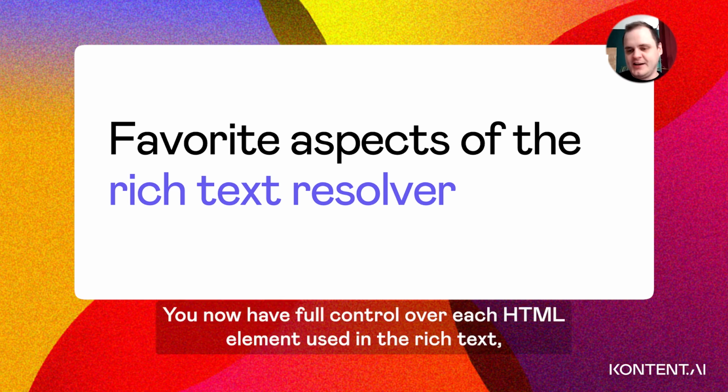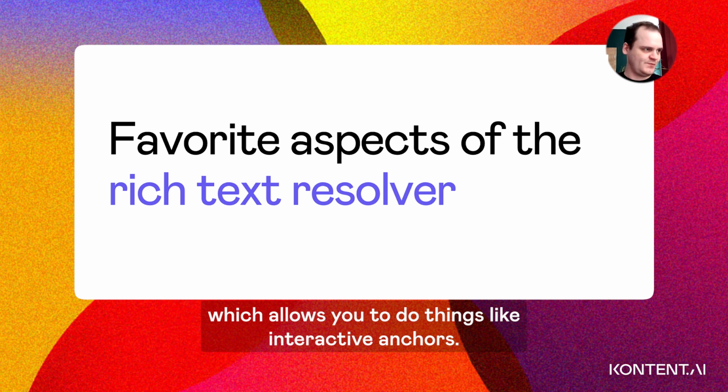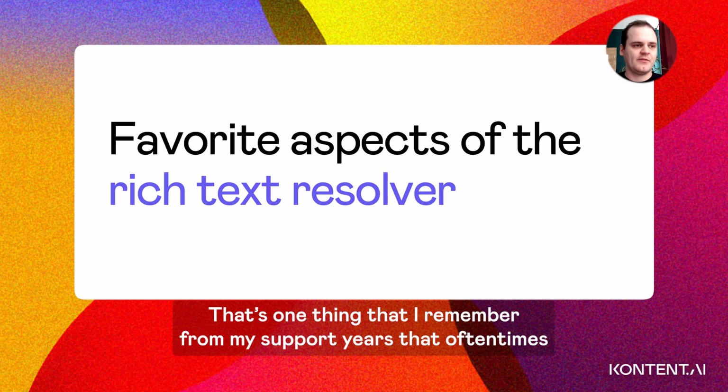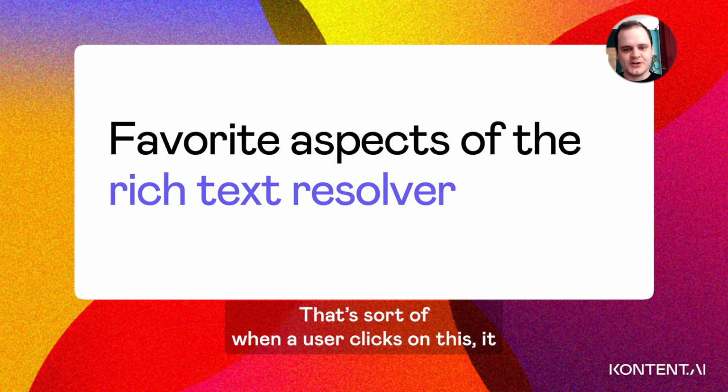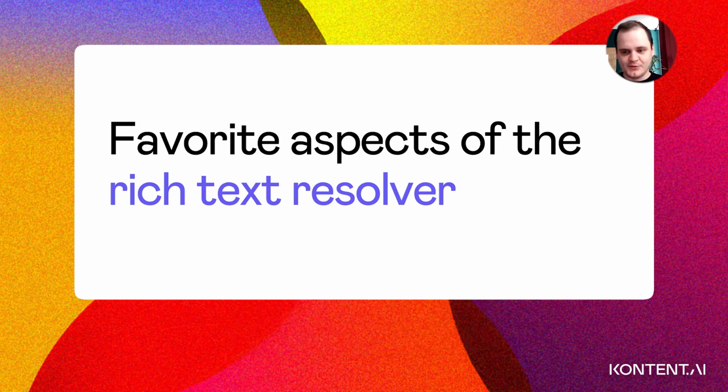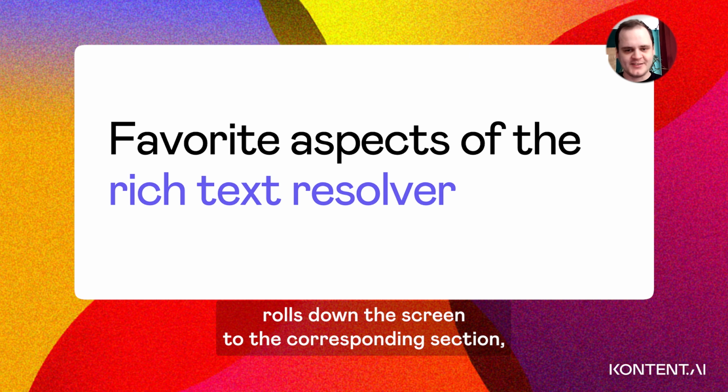You now have full control over each HTML element used in the rich text, which allows you to do things like interactive anchors. That's one thing that I remember from my support tenure, that oftentimes we had questions. All right, how do I make an anchor that when a user clicks on this, it rolls down the screen to the corresponding section, right?